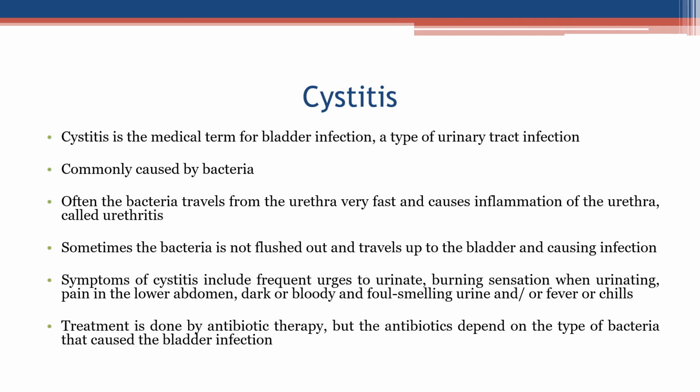Symptoms of cystitis include frequent urges to urinate, burning sensation when urinating, pain in the lower abdomen, dark or bloody and foul-smelling urine, and/or fever or chills. Treatment is done by antibiotic therapy, but the antibiotics depend on the type of bacteria that caused the bladder infection.